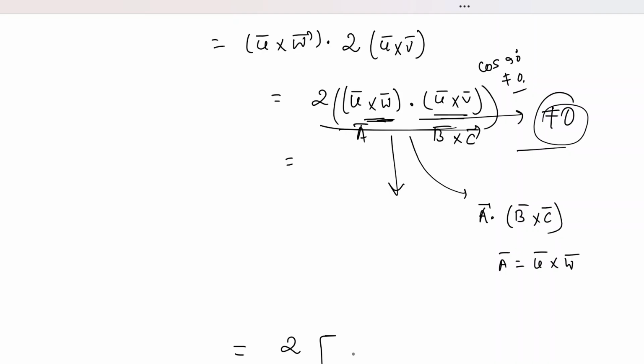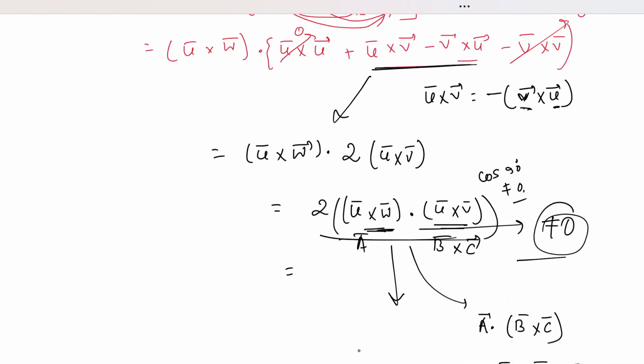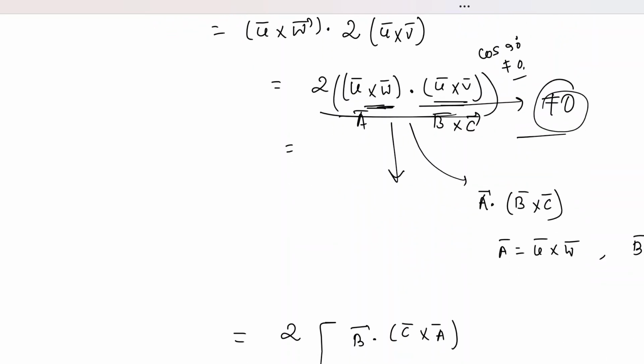Yeah, so we can directly use a dot b cross c, so you can directly use b dot c cross a. B is your u vector and c is your v vector. Okay, so just looking at what makes it simpler. So let's say we take b dot c cross a here.